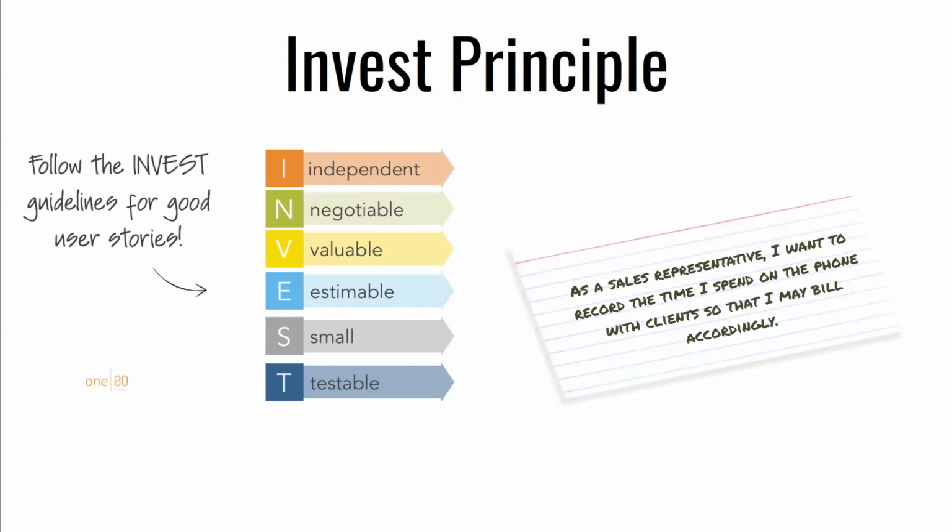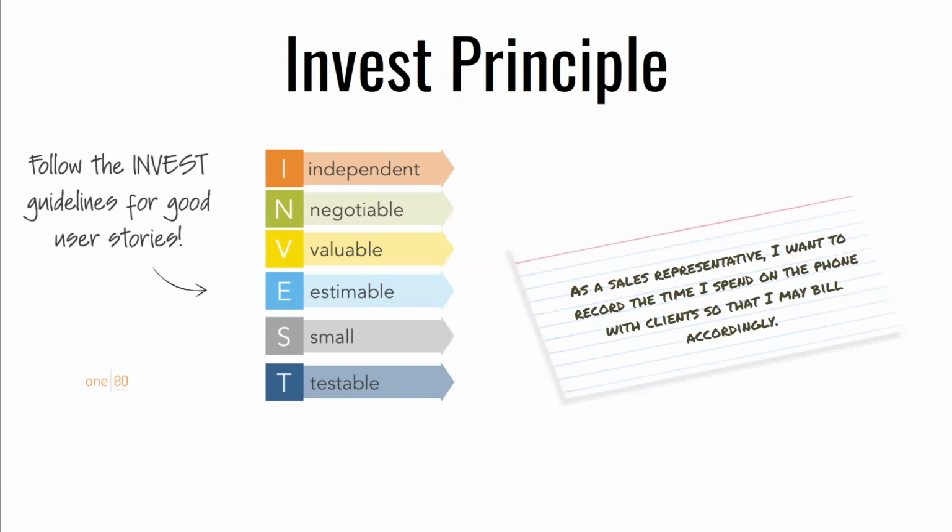So small is a great place to start as a new story writer, because if you keep trying to drive towards small, you're usually simplifying the effort to get it done. You're simplifying the complexity of its interdependency across other stories in the backlog. And it's easier to understand and negotiate and figure out what the value is, what done looks like, and all these other things. So small is a really key part.